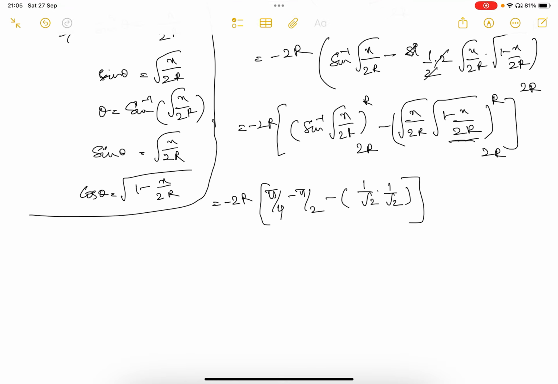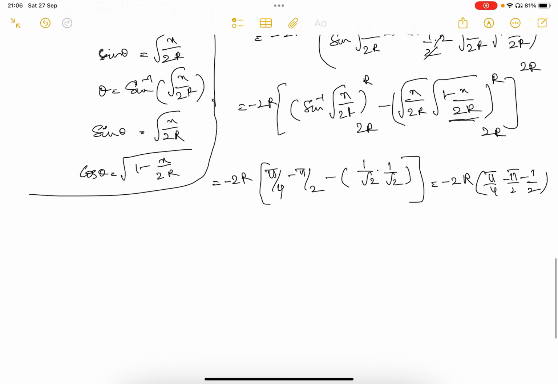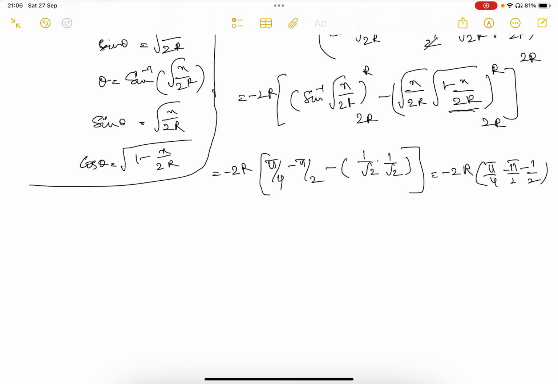So we are left with minus 2r into, this is pi by 4 minus pi by 2 minus half, right, which is minus r into pi by 2 minus pi minus 1, right?